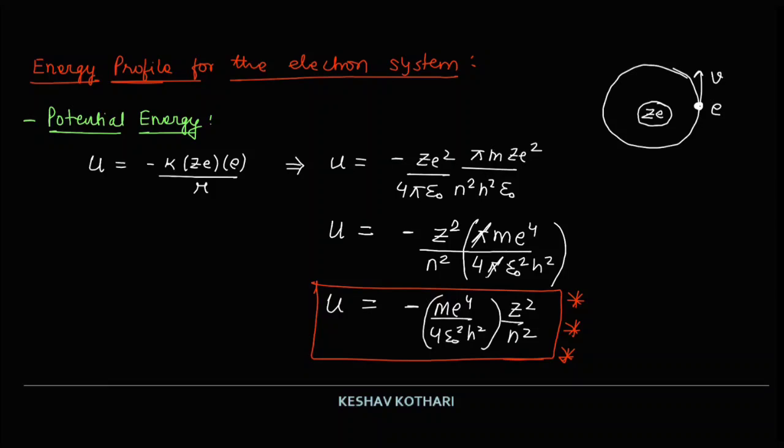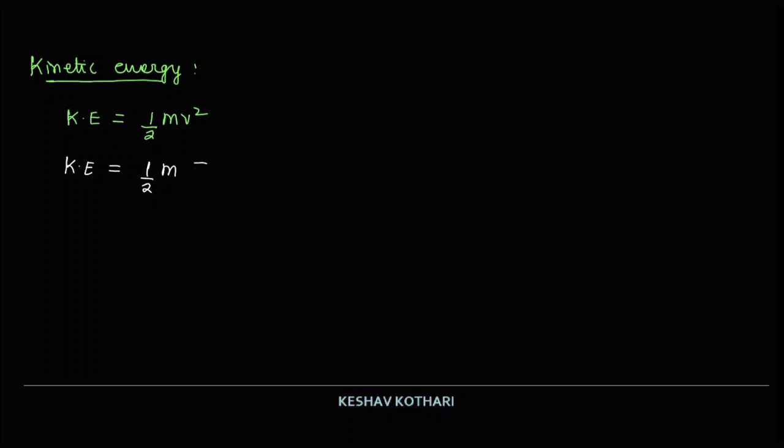The next thing I am going to do is calculate the value of kinetic energy associated with this electron in the nth Bohr orbit. So we are trying to evaluate kinetic energy. The kinetic energy is going to be positive, and it will simply be written as half mv square. So it is equal to half m, and if I put the value of v, it is z e square upon twice of n h epsilon naught.